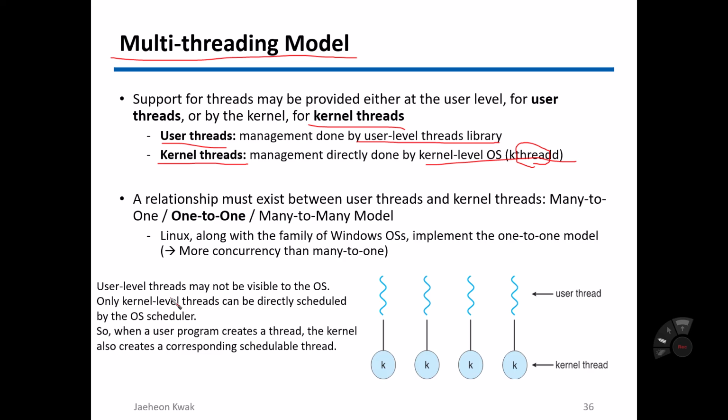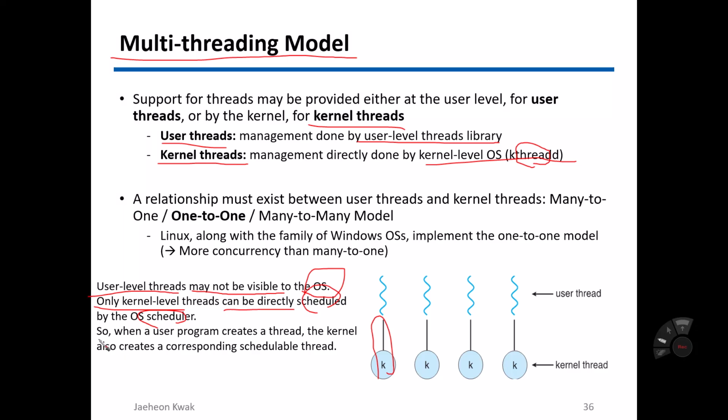However, user level threads may not be visible to the operating system. Only kernel level threads can be directly scheduled by the operating system scheduler. So even if we generate a thread in the user program or user space, a kernel thread will be generated.